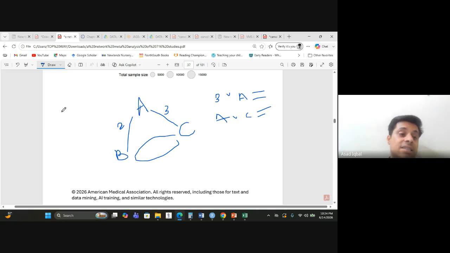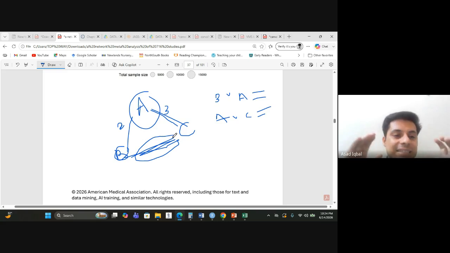Maybe in maths, you people have studied a property called the transitive property. If I say that A is equal to B, and then I say that A is equal to C, that means B is also equal to C. So that's why, in a network meta-analysis, it's non-negotiable that your studies should have very similar populations.